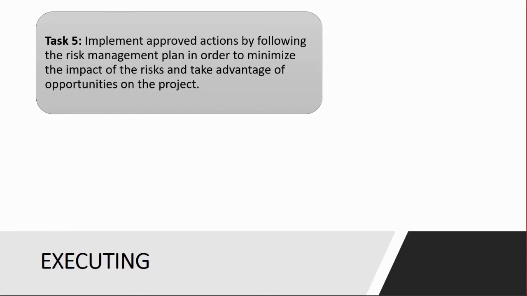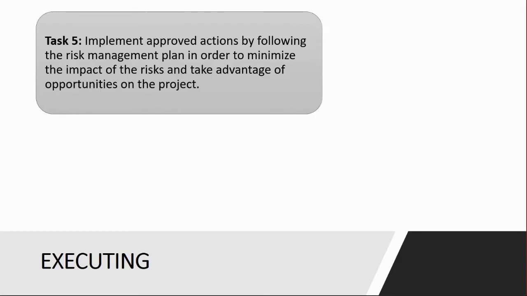So even though it says risk management plan, bear in mind there could be additional risk elements, such as your risk register. Now, your risk register is not part of your risk management plan, but I want you to think of the possibility of that risk register also being used, because the risk register also contains your plans for responding to risks. And that is pretty much what they're saying here.